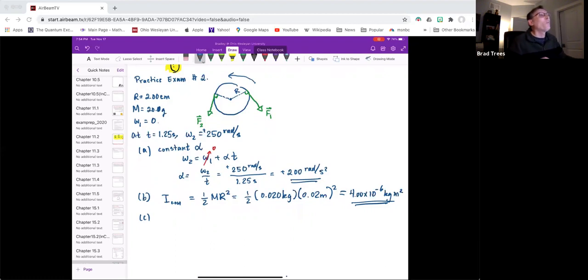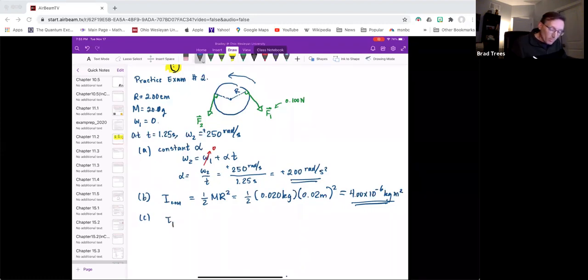The force F1, so we see it up there, has a constant magnitude of 0.1 newtons. Showing all your work, calculate the torque tau1 due to F1, including the sign.